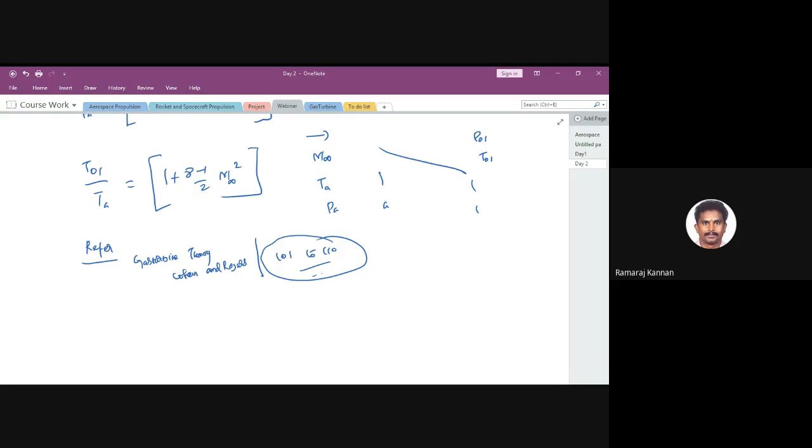So now we look at your propelling nozzle, and the isentropic efficiency for the propelling nozzle.